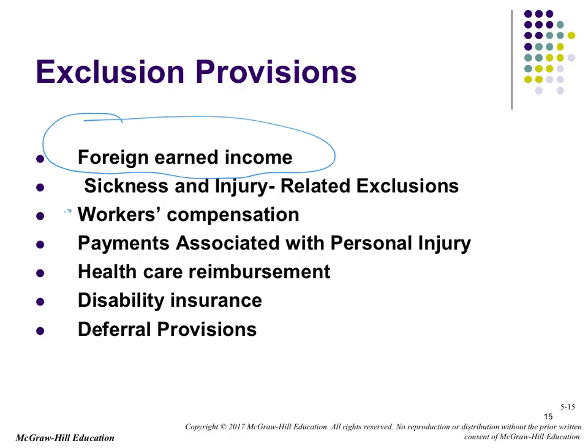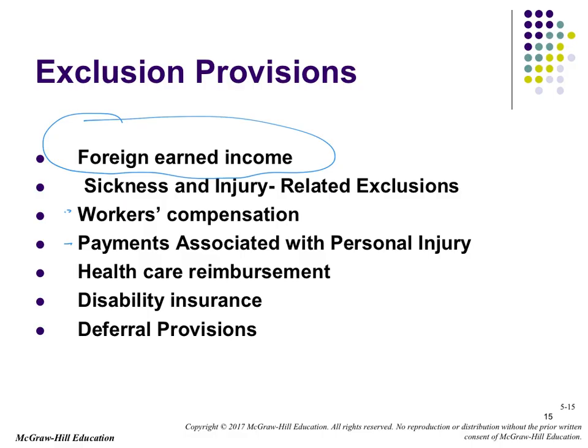Workers' compensation: payments from a workers' compensation plan are excluded from gross income. Also, payments associated with personal injury. Awards that relate to a physical injury or sickness, or payments for medical costs of treating emotional distress are excluded from gross income. Payments that are like punitive damages are fully taxable.